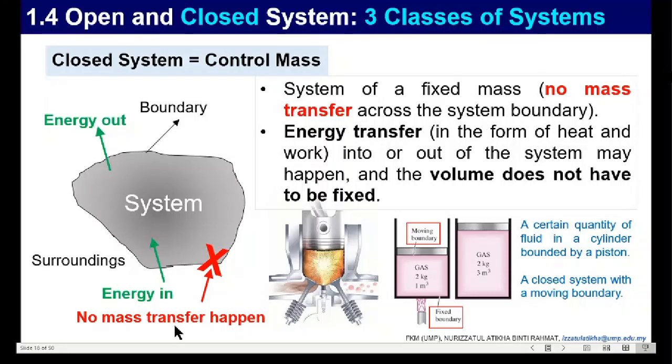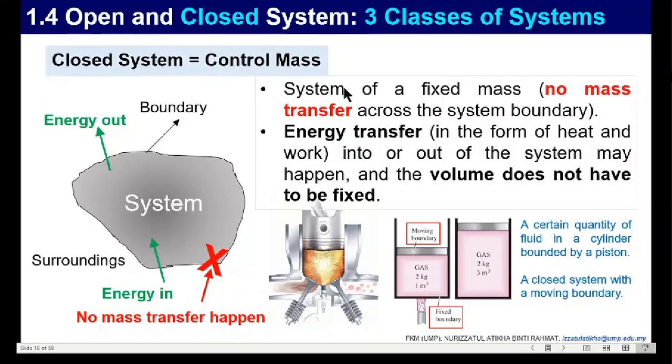Let's see this system. No mass transfer happens through the system boundary from the surroundings into the system. That is why it is known as control mass. You can control the value of mass of this system, meaning it is fixed.